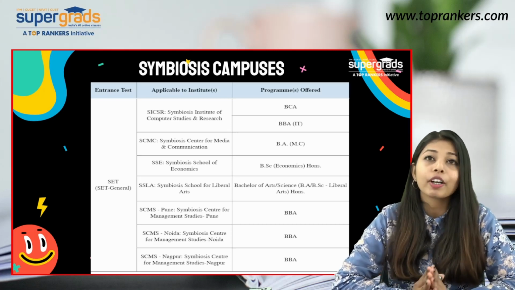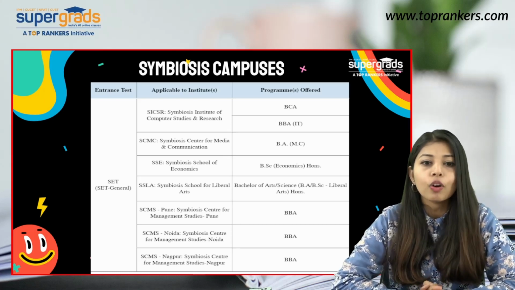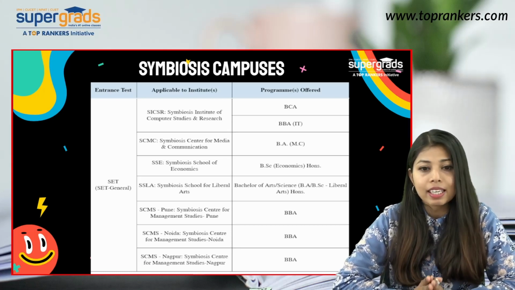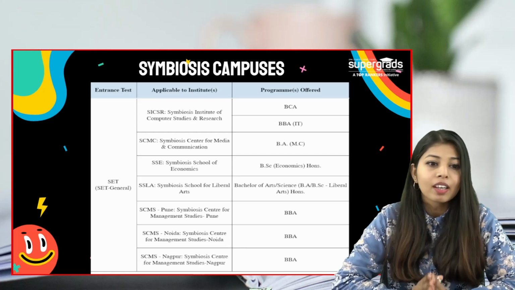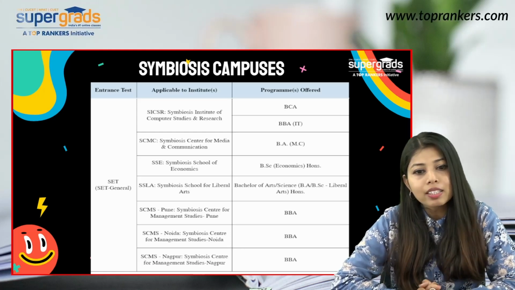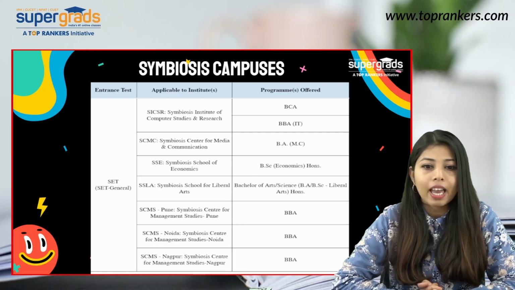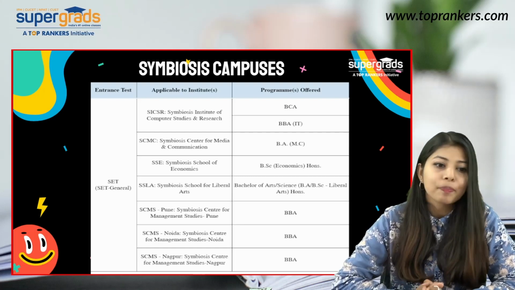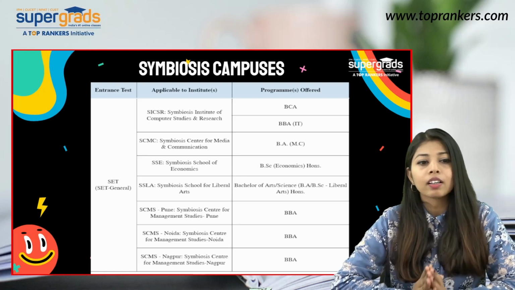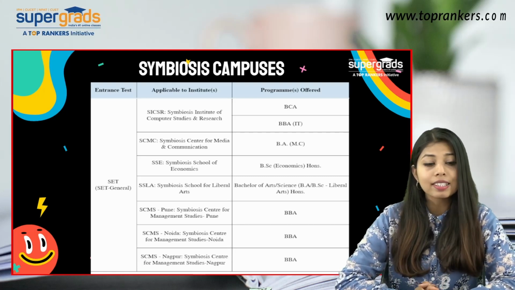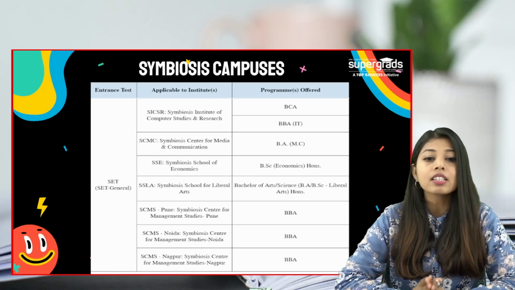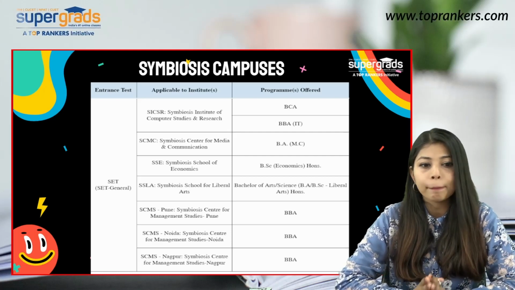Symbiosis School of Economics will be giving you the program BSc in Economics Honors. Symbiosis School for Liberal Arts will be giving you Bachelor of Arts in Science, Liberal Arts Honors.